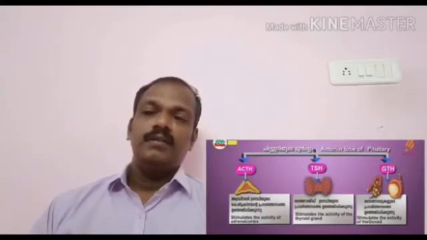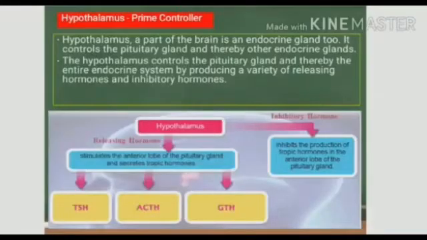But this anterior lobe of the pituitary gland is itself controlled by another part of the brain called the hypothalamus. The hypothalamus controls the anterior lobe of the pituitary gland by secreting two hormones, the releasing hormone and the inhibitory hormone.